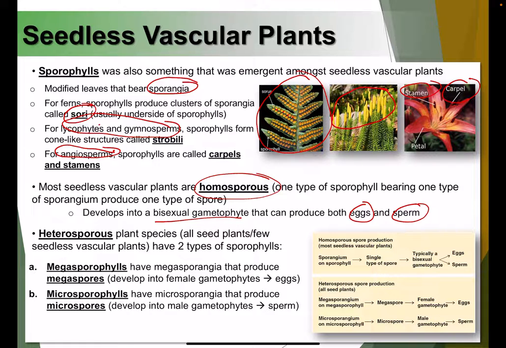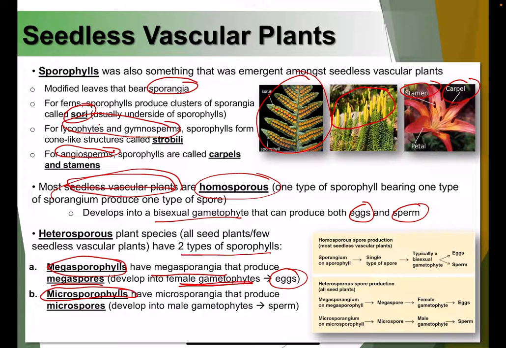Heterosporous then is the opposite of that, where plant species, all seed plants and few seedless plants are heterosporous, while seedless vascular plants are usually homosporous. So seed plants, and a few seedless vascular plants, have two types of sporophylls when they're heterosporous. One is called megasporophyll. Megasporophylls usually have megasporangia that will produce megaspores, eventually developing into your female gametophytes, which then will produce your eggs.